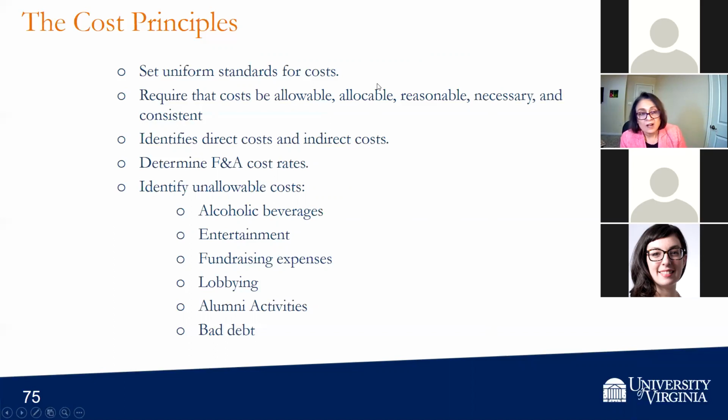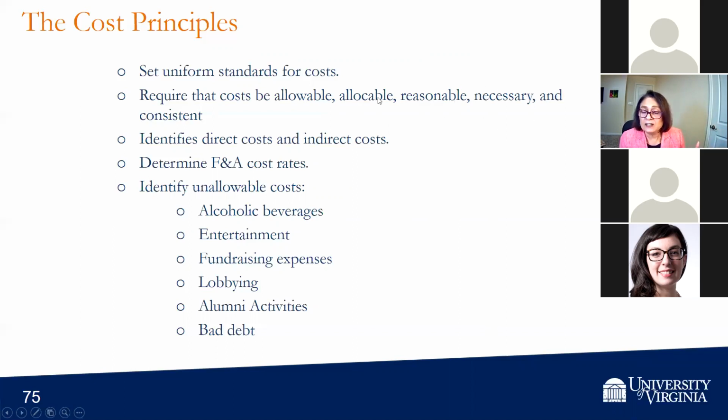Allocable costs are also talked about largely through the F&A rate, and also how you can see if you can distribute the costs based on proportional benefits received by the projects. Reasonable is addressed through the procurement standards.